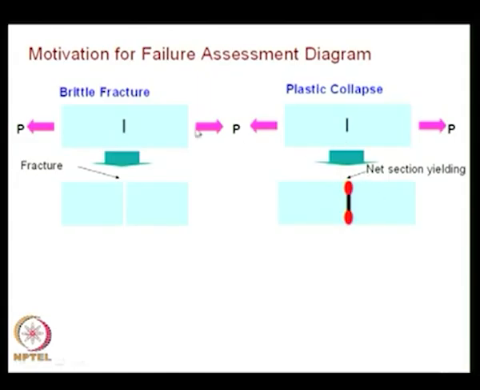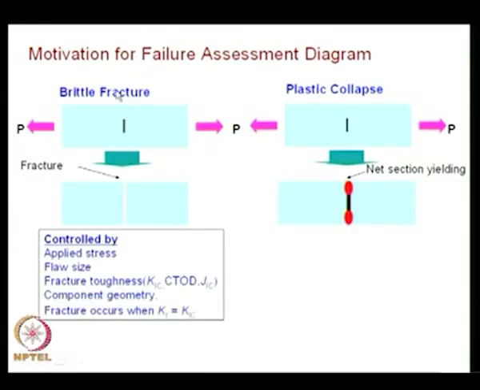So, we will have to investigate whether fracture would occur or plastic collapse would occur, and what are the parameters that control brittle fracture. Applied stress is a factor, size of the flaw, and what is the fracture toughness, which could be expressed in terms of K1C, CTOD, or J1C, and definitely the component geometry, and you would say fracture occurs when K1 becomes equal to K1C.